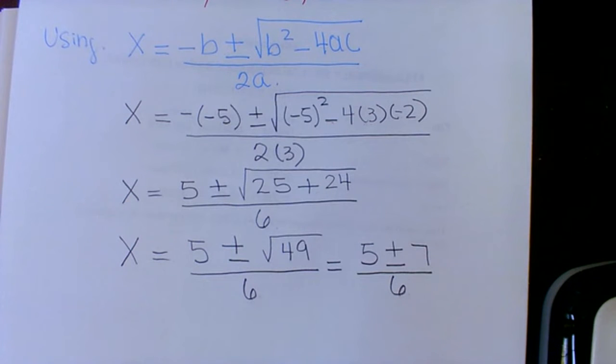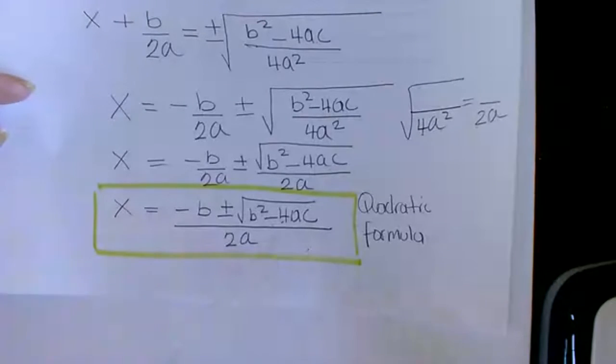Go ahead, Marisol. I was just wondering if the 2a from the original equation is only under the square root, or is it under the entire thing like how you have it? The 2a is underneath. It doesn't have the square root.